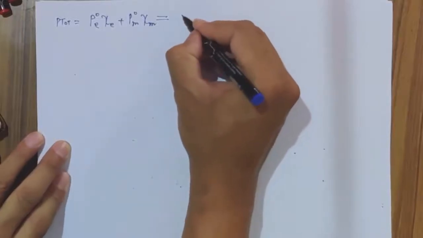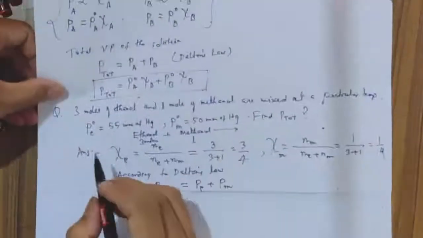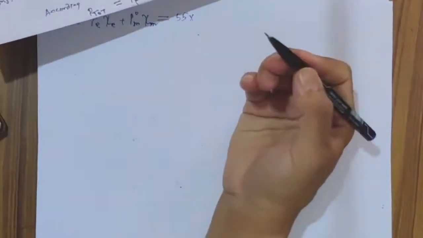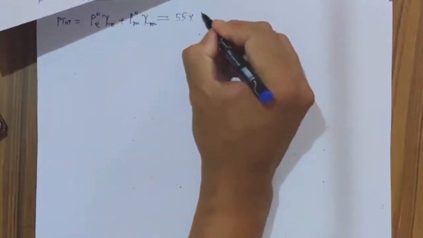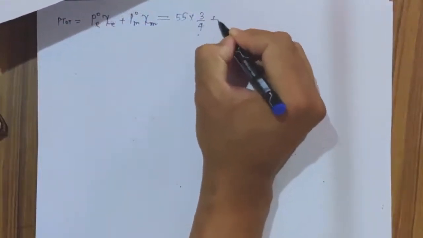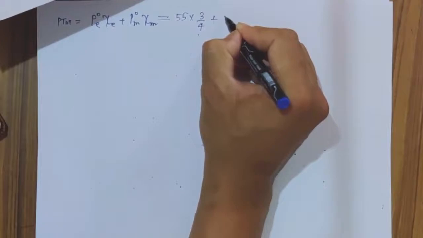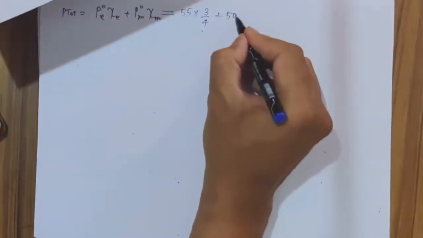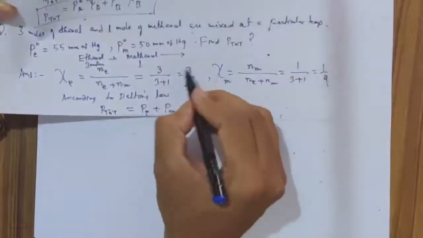P naught ethanol is 55, mole fraction of ethanol is 3 by 4, P naught methanol is 50, and mole fraction of methanol is 1 by 4.